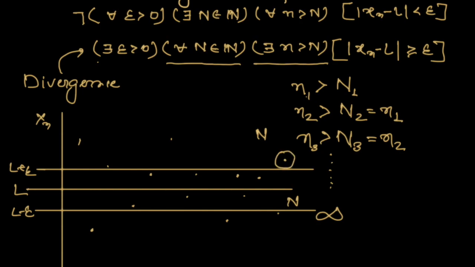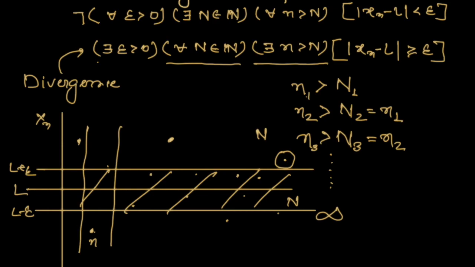Because if you take first n1, then after that this will serve as a small n. And if you choose this n2, then this will serve as again a small n, which is outside this region.